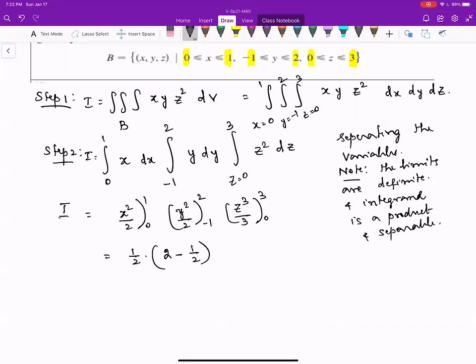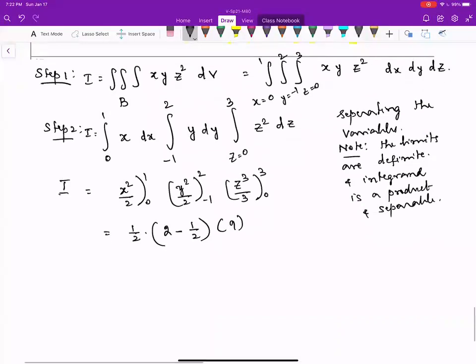Then you have 27 over 3, that will be a 9. Thus we have 1/2 times 3 over 2 times 9. So it is 27 over 4.